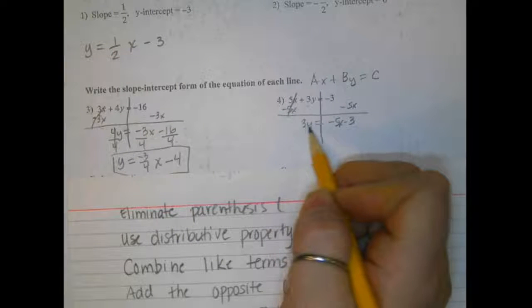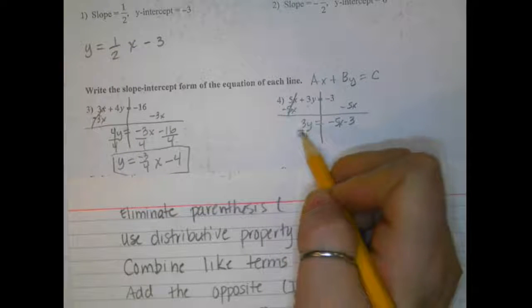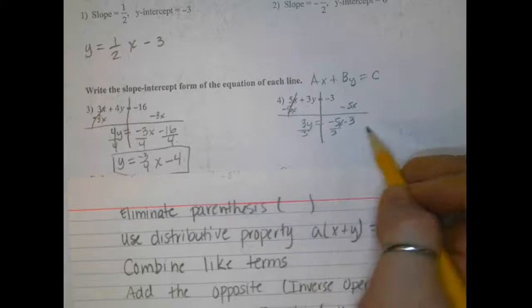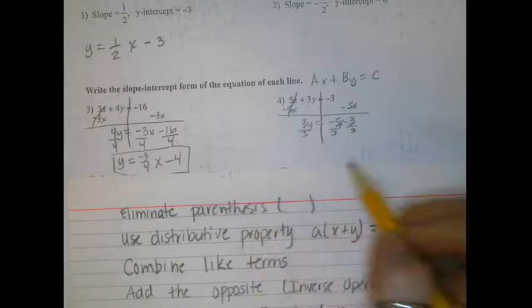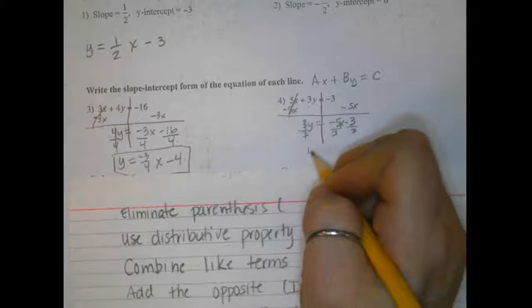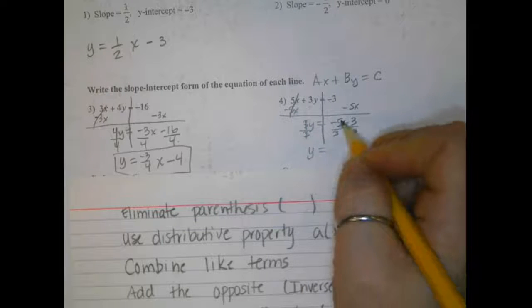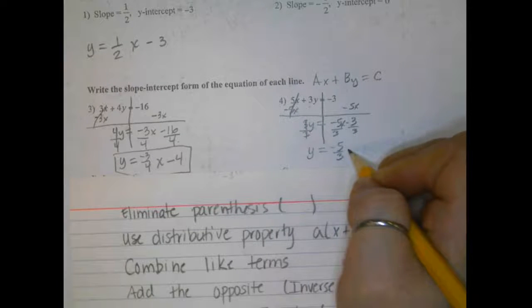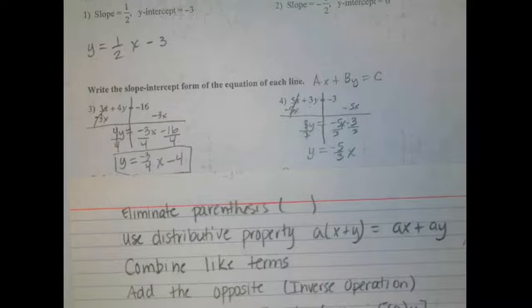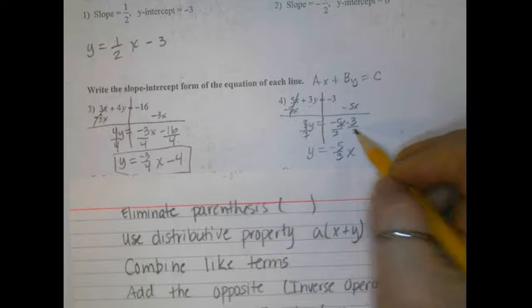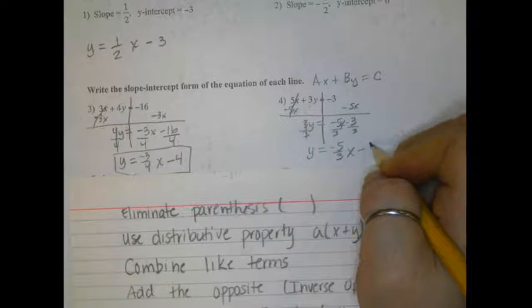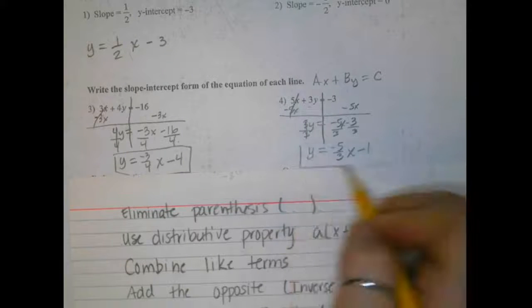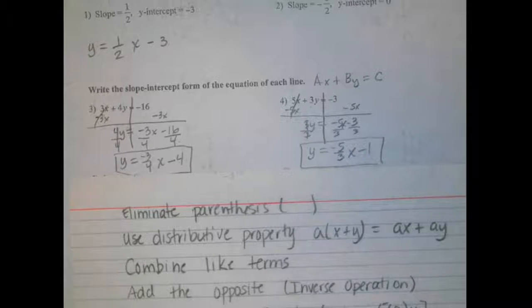And I got to eliminate this 3 in front of my y by dividing all my terms by a 3 or a positive 3. That becomes a positive y. I cannot simplify 5 over 3. So I'm going to leave it like that. That's my slope. And then a negative 3 divided by a positive 3 is going to give me a negative 1. Got it right? Awesome.